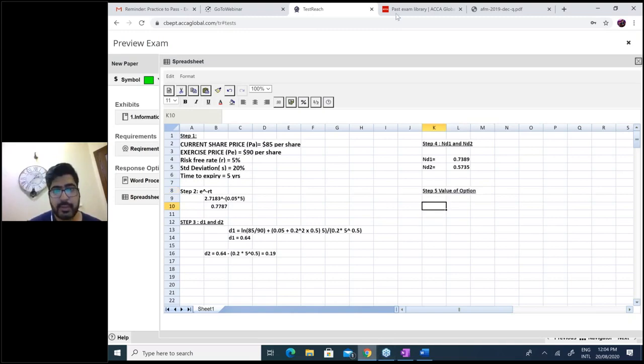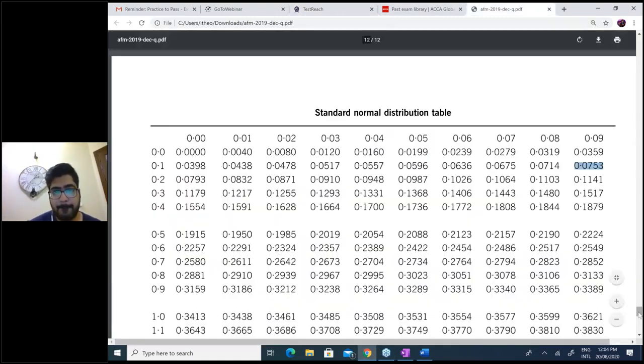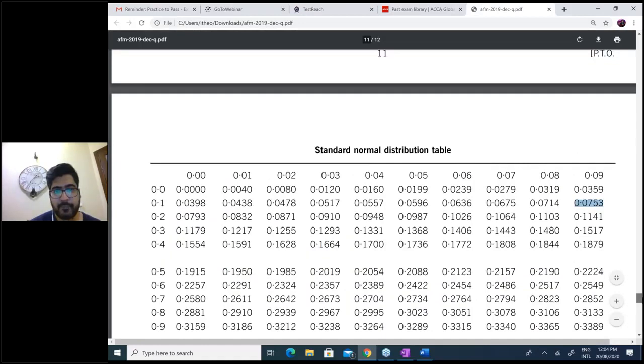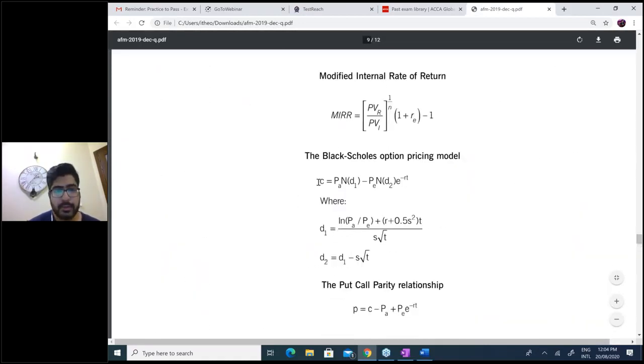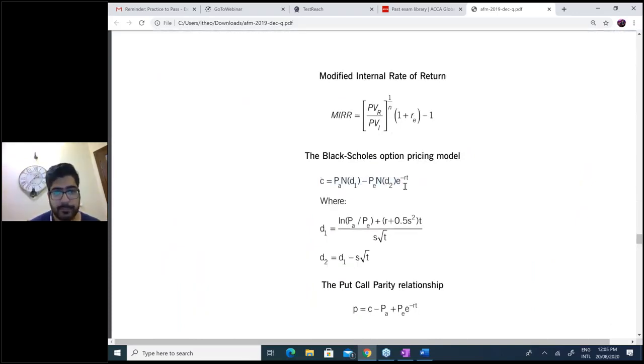So the value of the option, how to get that? The formula would be given in the exam again. See, the call option value formula is this one.